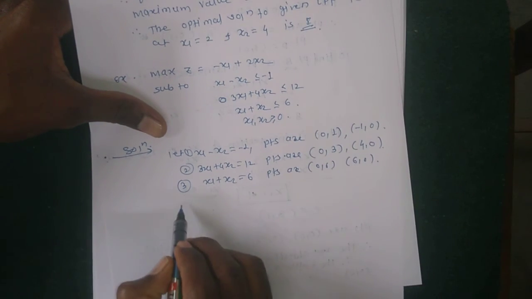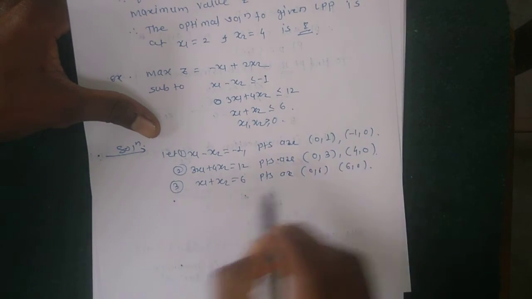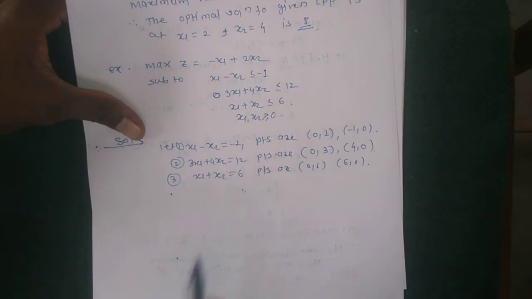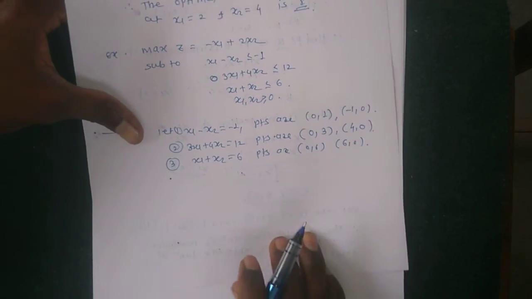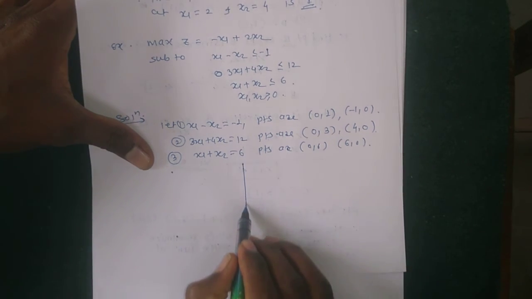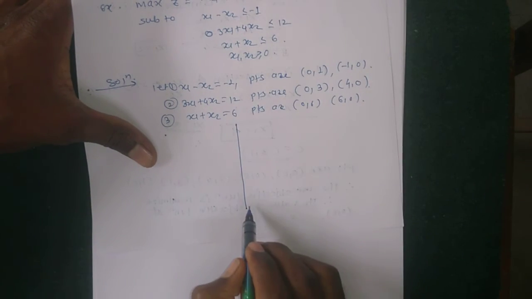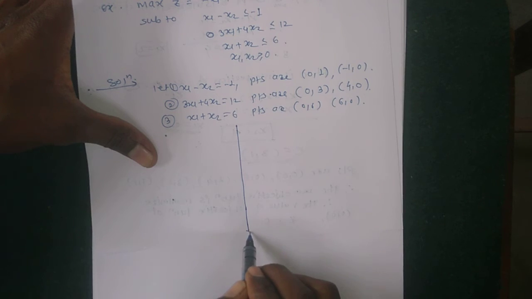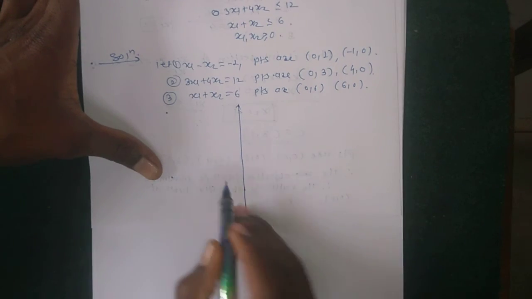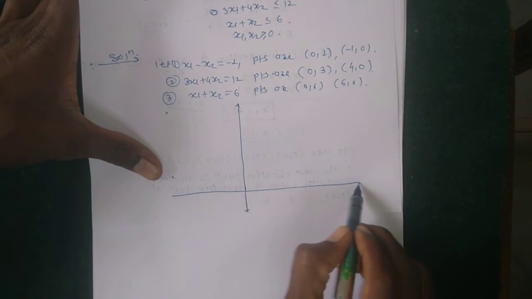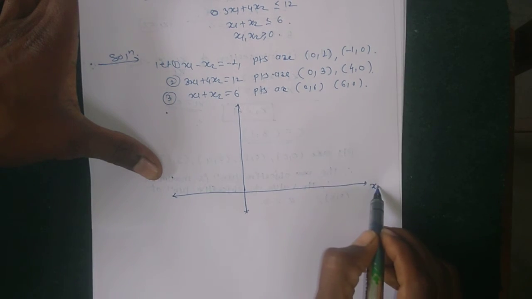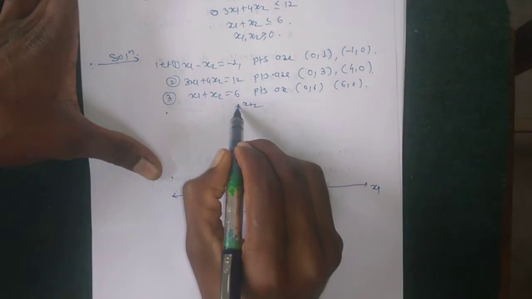Okay, and for here all the constants are written here. So plot the graph. How to plot a graph? This is the x1 axis, this is the x2 axis.